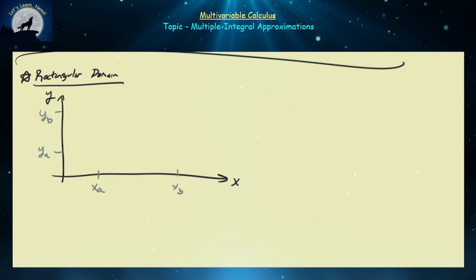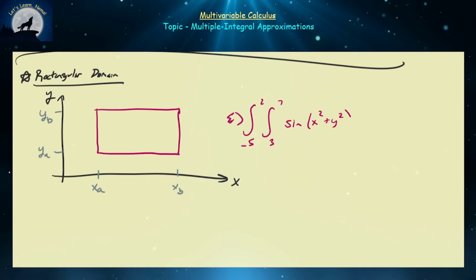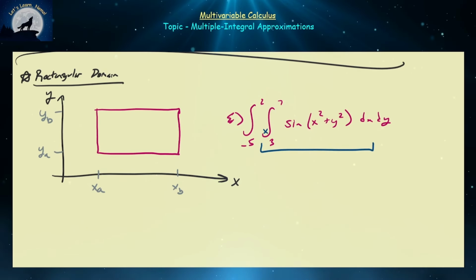So what we want to do is integrate over this particular rectangular domain. For example, we could ask, what is the integral from minus 5 to 2, the integral from 3 to 7 of sine of x squared plus y squared dx dy, where we're taking the convention that 3 to 7 is our x integral and minus 5 to 2 is our y integral?